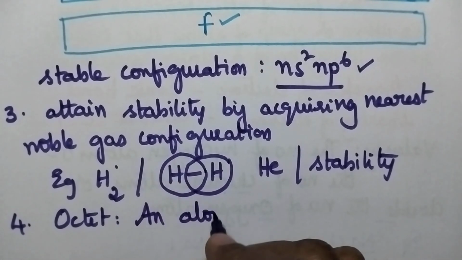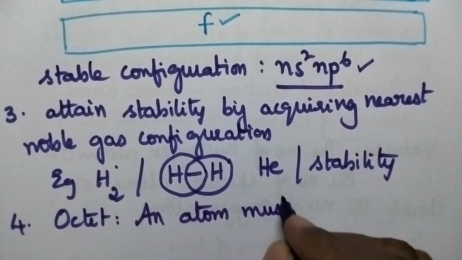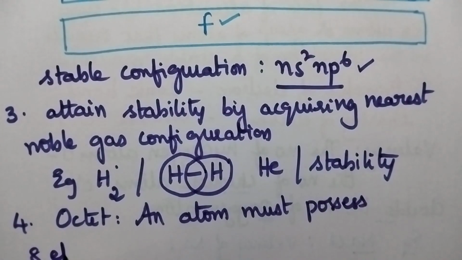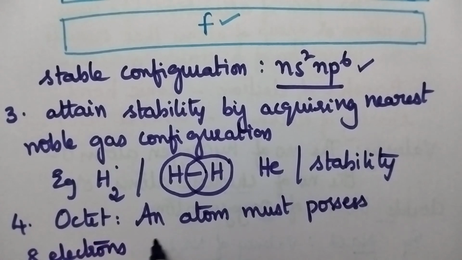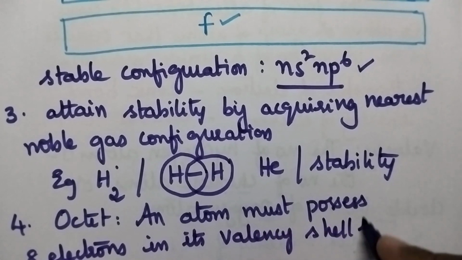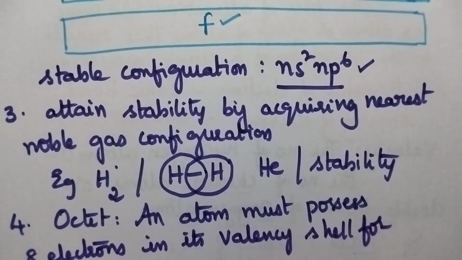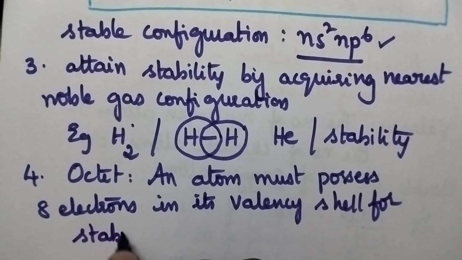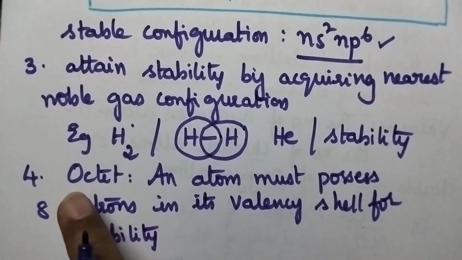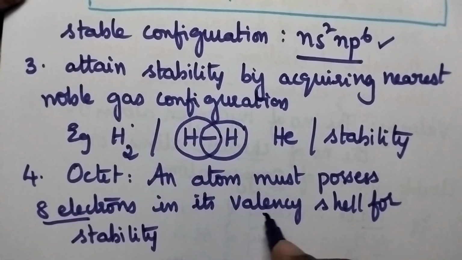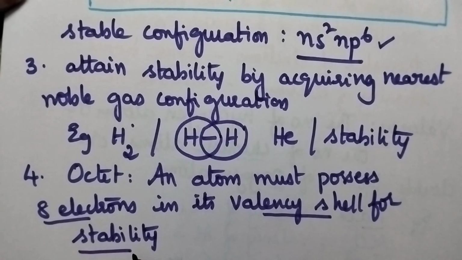An atom must possess 8 electrons in its valency shell, that is the outermost orbit, for stability. So what is the octet rule? An atom is supposed to contain 8 electrons in the outermost shell to attain stability.